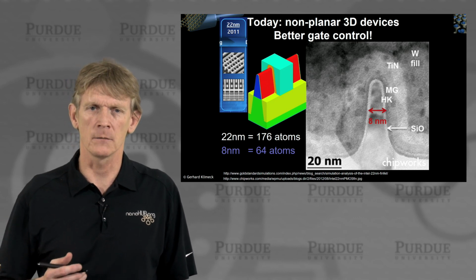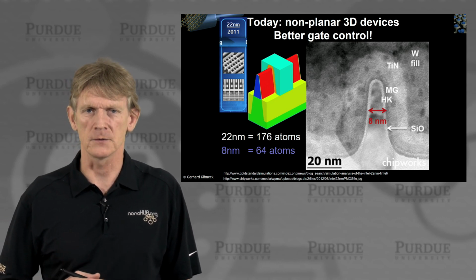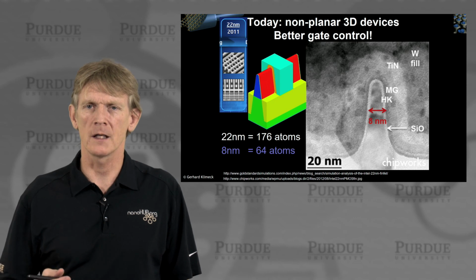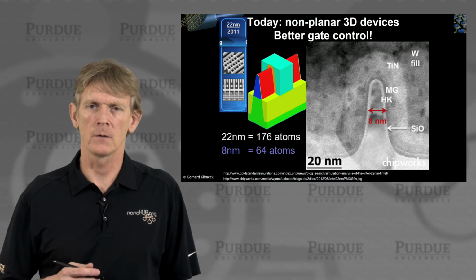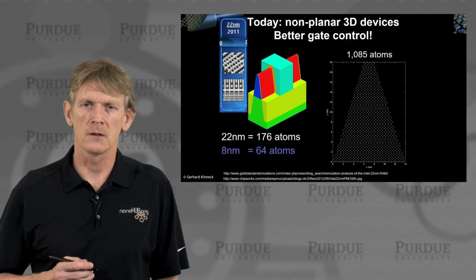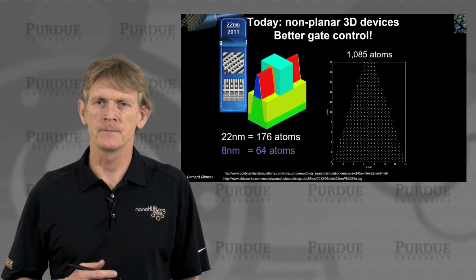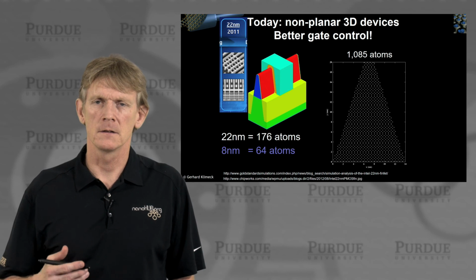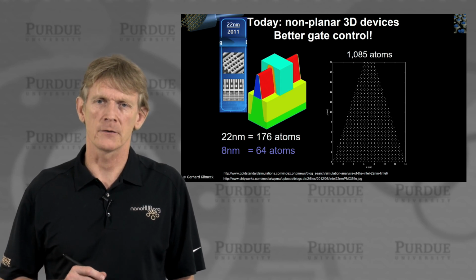We're no longer talking about Avogadro's number of atoms or Avogadro's number of electrons in the system anymore, okay? You can also make a plot of such a cross-section or fin in an atomistic modeling tool, and you find that there are about 1,000 atoms in this cross-section.